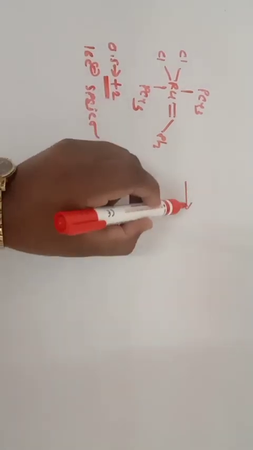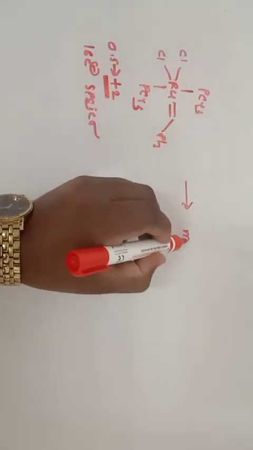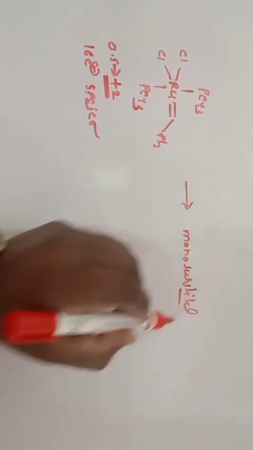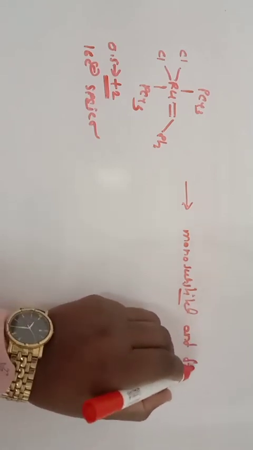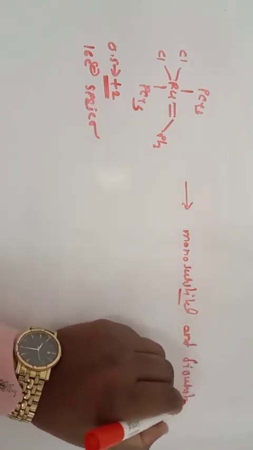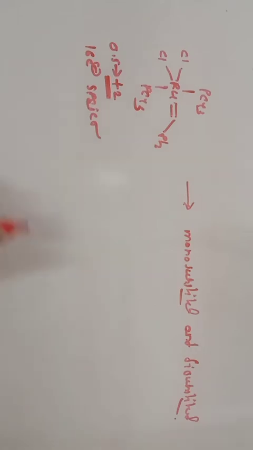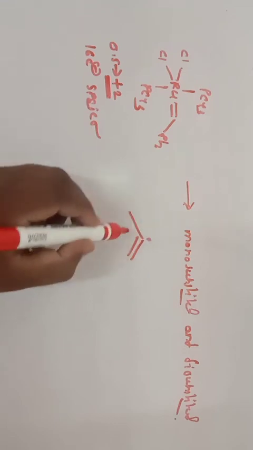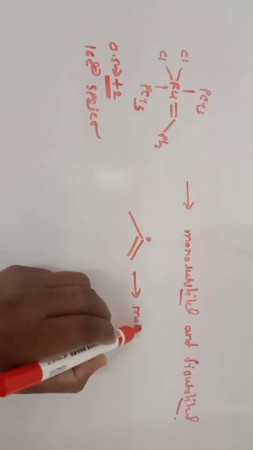It is used for metathesis reaction when the alkene is monosubstituted and disubstituted. For example, if you consider this alkene, this carbon having only one substituent is considered monosubstituted.